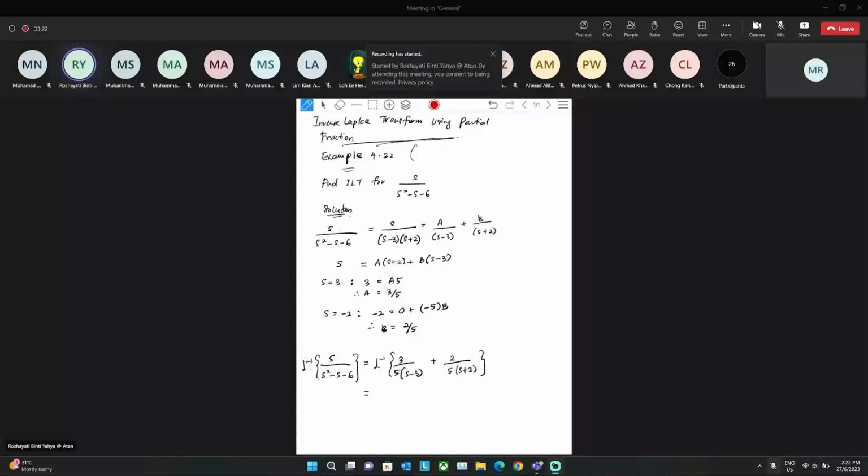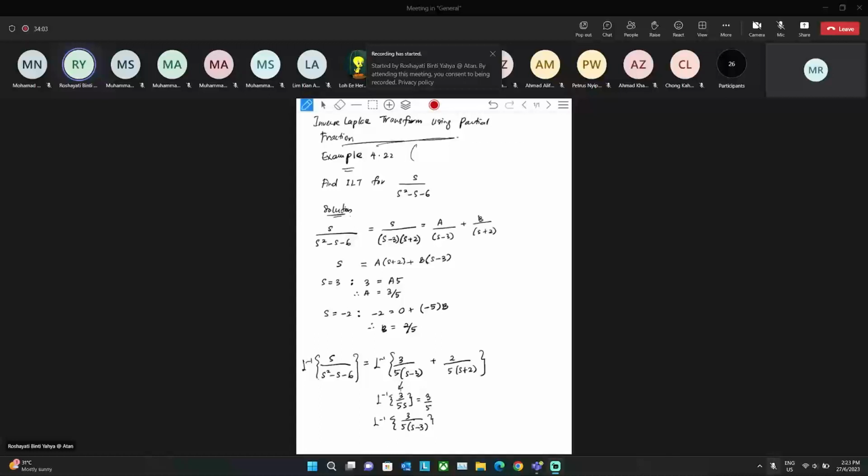If you want to go in detail, the inverse Laplace transform of 3 over 5 times 1 over s minus 3, now s is shifted by 3.